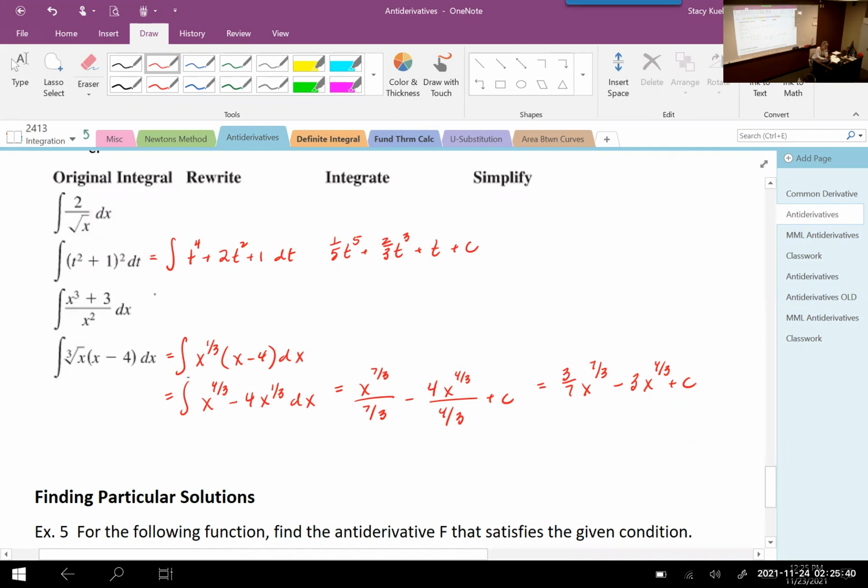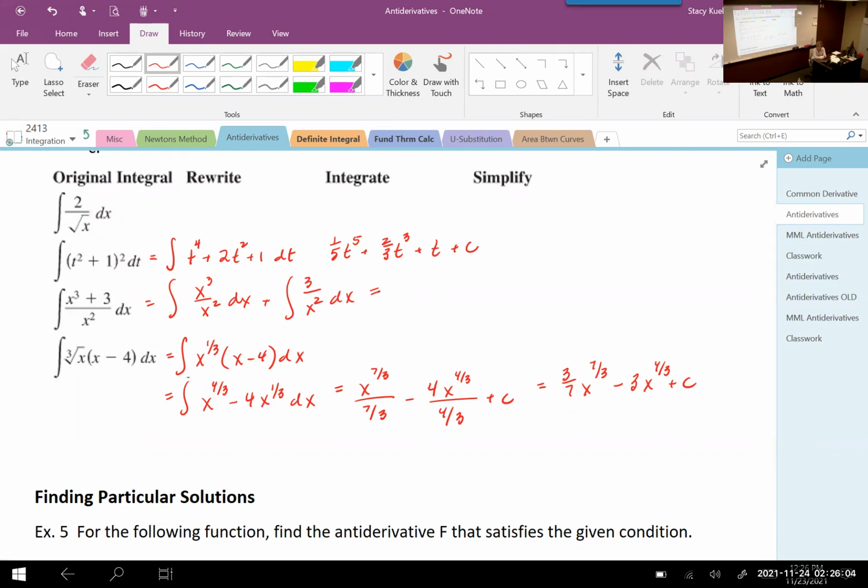Okay. So I could rewrite it, I guess, as the integral of x cubed over x squared dx plus the integral of 3 over x squared dx. Now what? Okay, can I do anything to the first term as well?